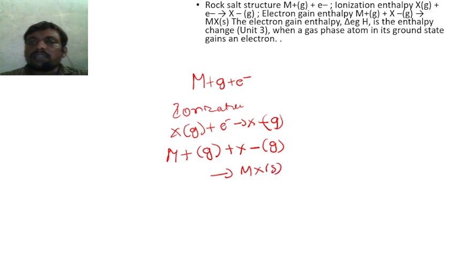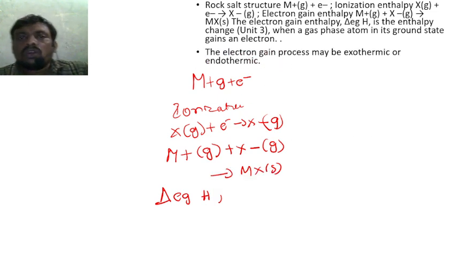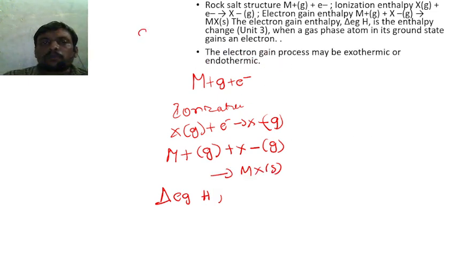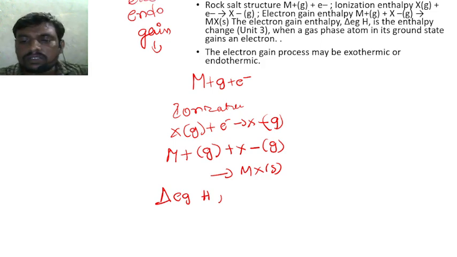The electron gain enthalpy is the enthalpy change when a gas phase atom in its ground state gains an electron. The electron gain process may be exothermic or endothermic.